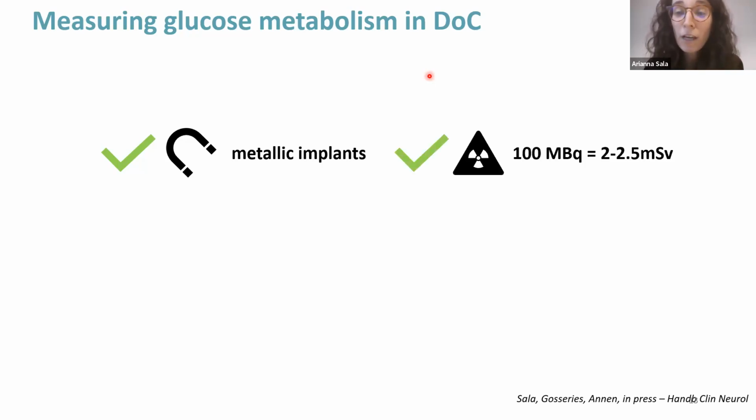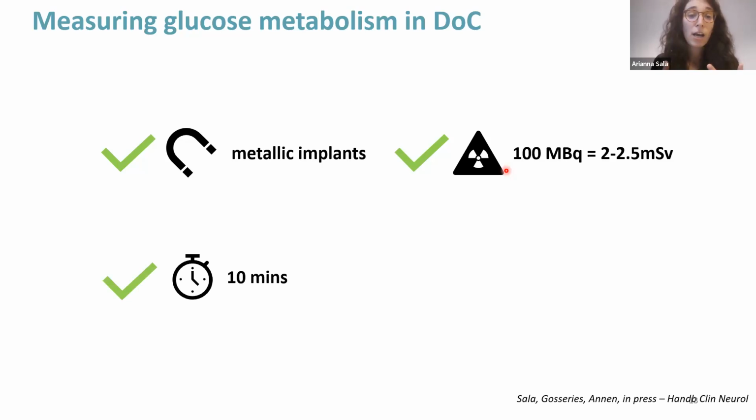Right now, regarding radiation exposure, we rely on radioactive tracers, right? But the radiation exposure is 3 to 4 times lower than, I would say, 20 years ago. Right now, here in Liège, we inject around just 100 megabecquerel, which exposes the subject to 2.5 millisievert, which is equivalent to the radiation that every one of us gets in 1 year, just based on the natural radioactivity in the environment.